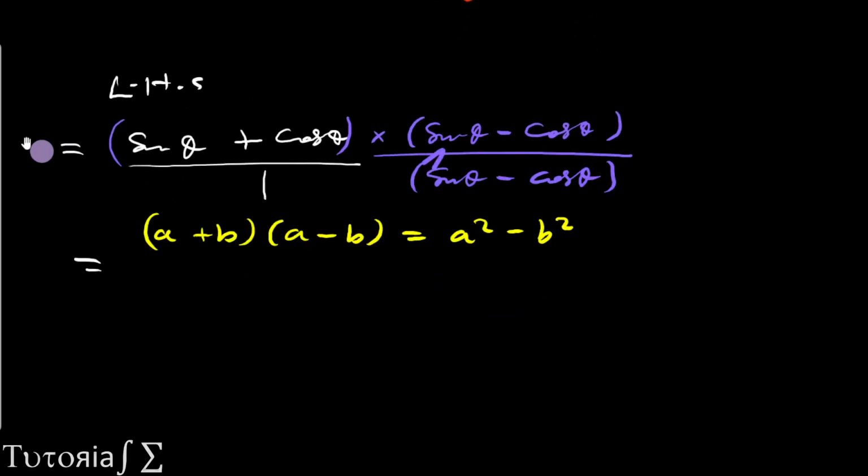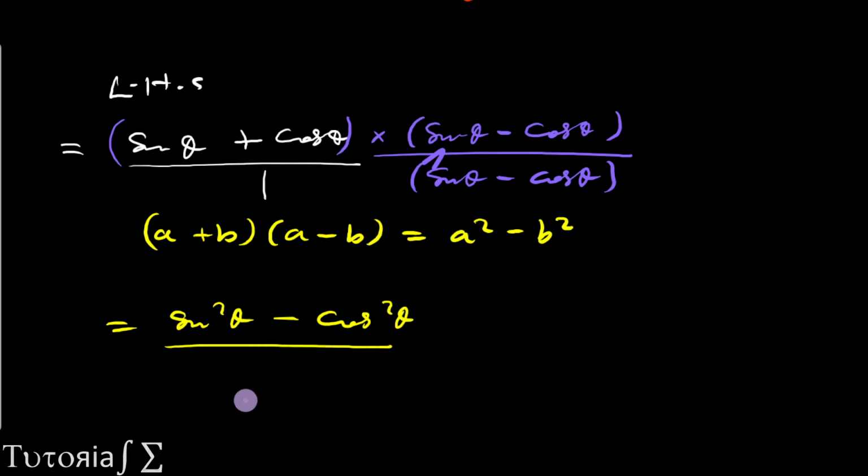Now in this case, we are going to have this times this. This is a, this is b, this is a, this is b. So we're going to have sine squared theta minus cos squared theta on the numerator, and on the denominator we're going to have sine theta minus cos theta. Then we know that sine squared theta is equal to 1 minus cos squared theta.